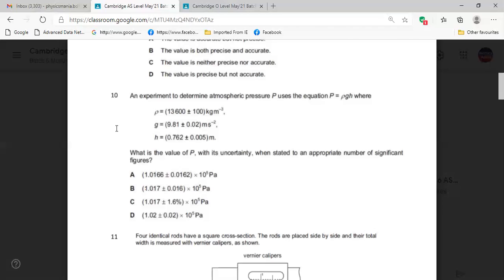Very good. So you can write 0.0162 multiplied by 10 to the power 5, right? Because both the values P and del P should be with the same power, isn't it? Yes, sir.